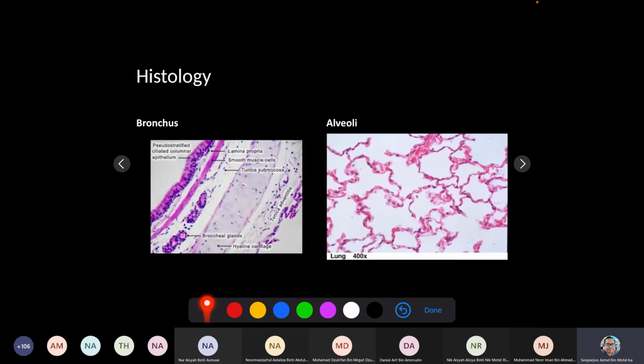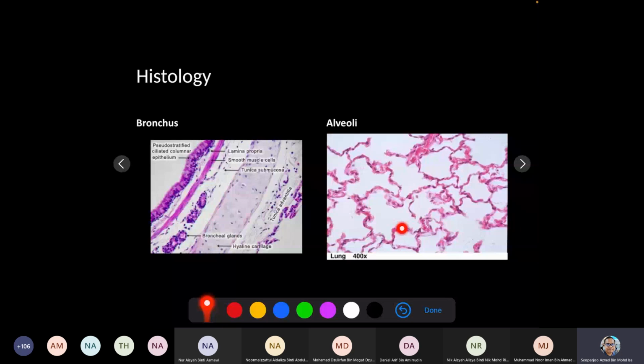So again, this is just normal anatomy. This is what you can see histologically in the large airway: cartilage, some bronchial glands, and the lining epithelium, which is pseudostratified ciliated columnar epithelium. And for the alveoli, the empty whitish area here is the alveolar space.